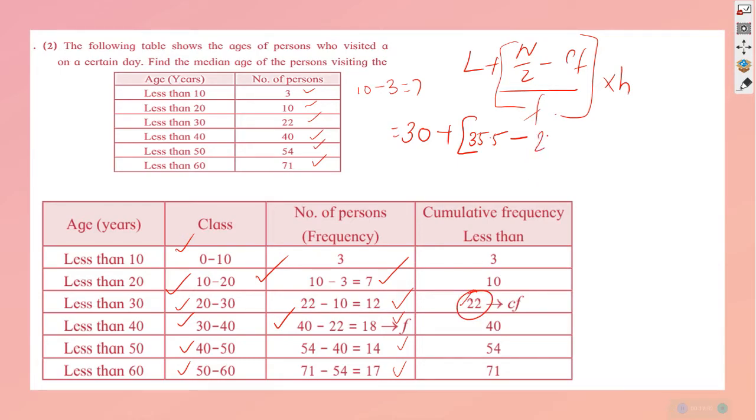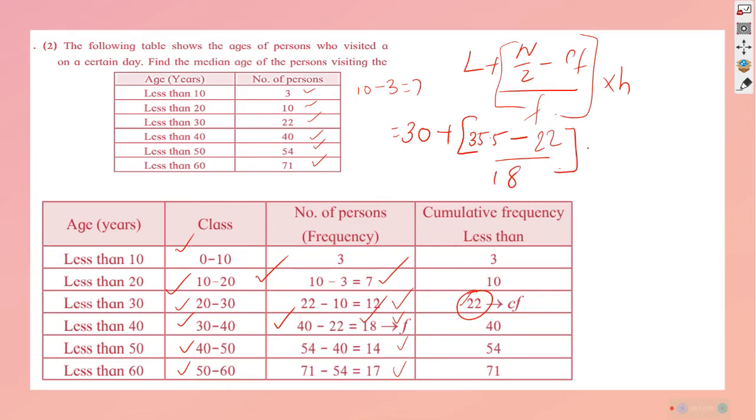So we'll write 22 over here, and the frequency of it happens to be 22 minus 4, 18. So naturally the frequency of the median class is equal to 18.